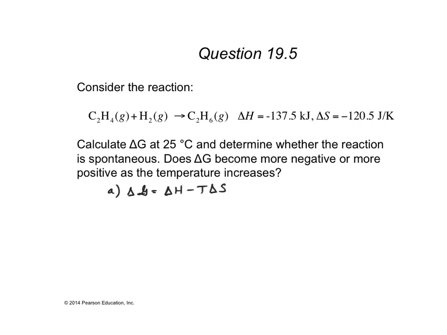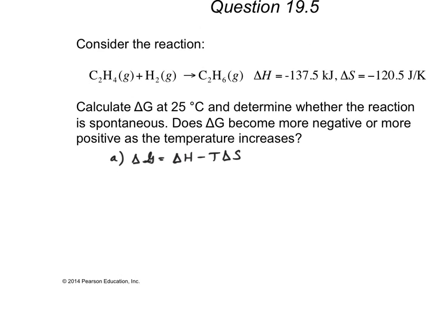Okay, so let's go ahead and talk about this. Most of you are getting this correct. All we're really doing is inserting our values. They have to be in the correct units. Again, I like to convert to joules. So in my delta G equation, my enthalpy value becomes minus 137,500 joules.